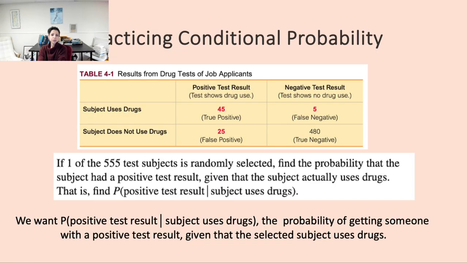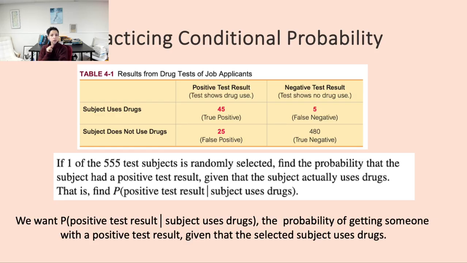So let's do an example. Let's practice. Let's go back to our 550 test subjects, job applicants, and their drug screening. If one of the 550 test subjects were randomly selected, let's look for the probability that a subject had a positive test result given that they actually use drugs.